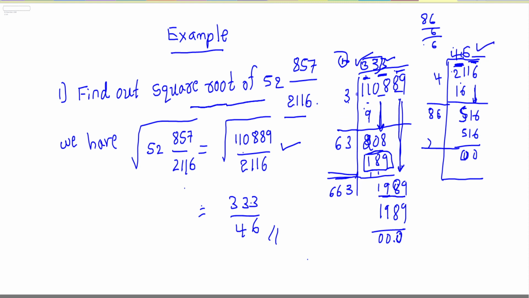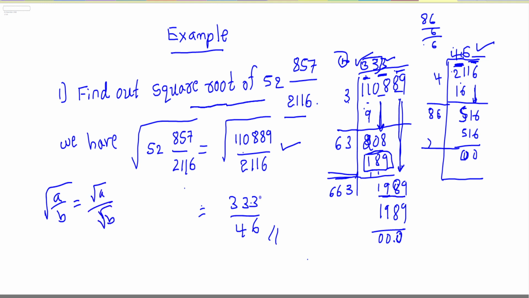The second step is over, meaning we have worked out the square root of the numerator and denominator separately. As I told you, the square root of a by b is equal to the square root of a divided by the square root of b.